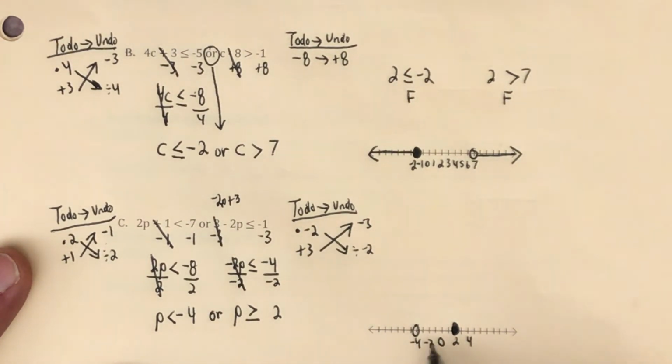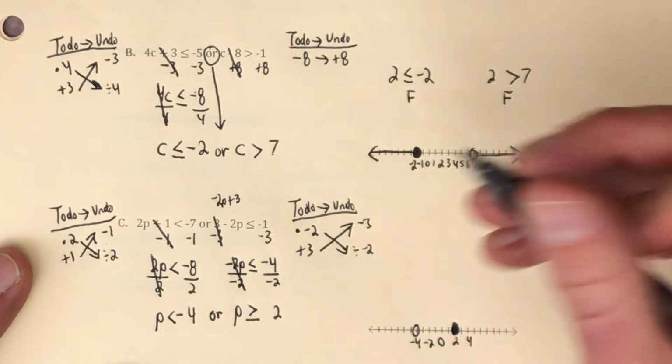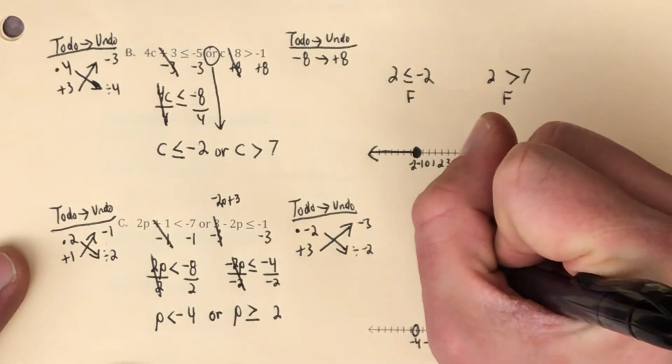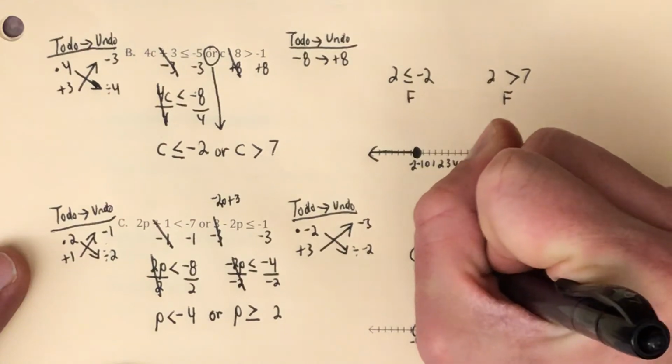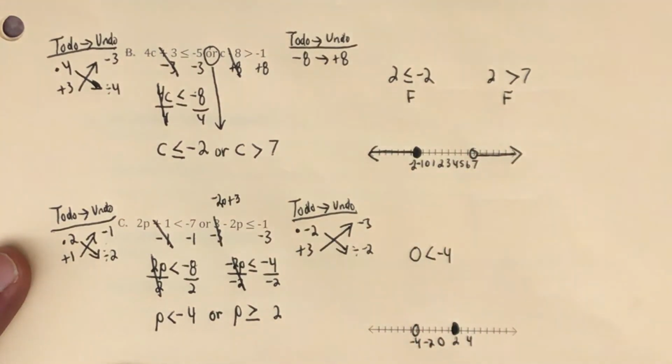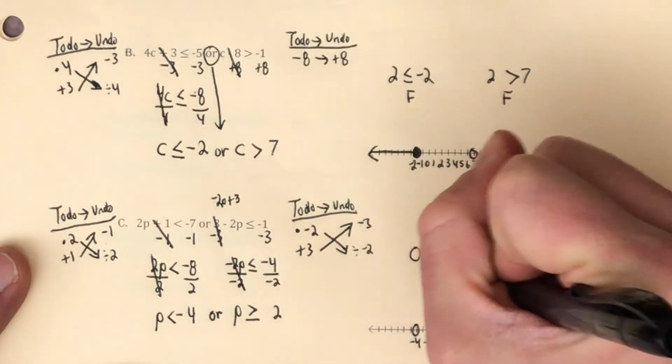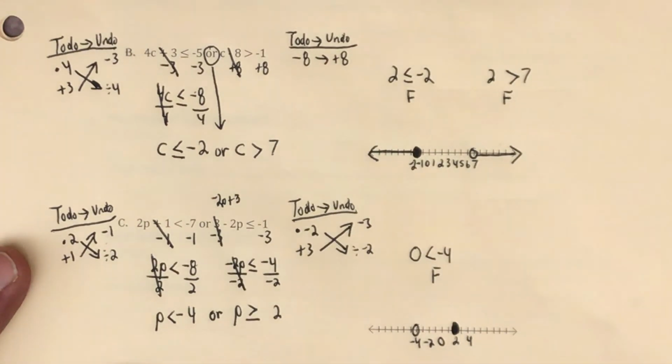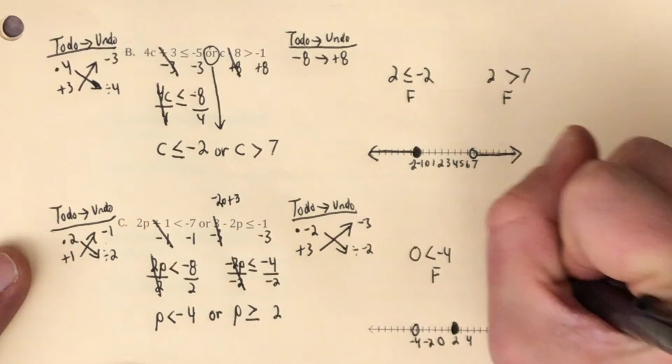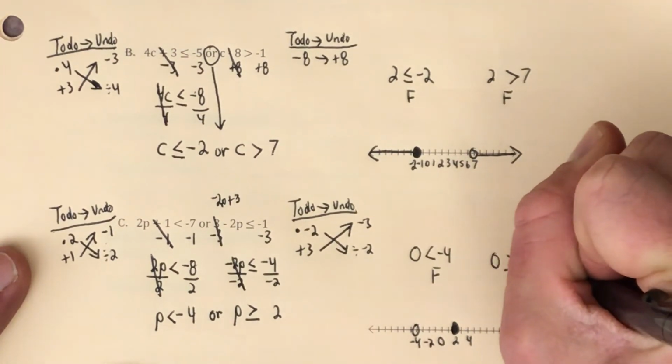Then I need to choose a number in between. So I choose the number 0, and I'm going to plug that in to see if it makes it true. So 0 in for p says 0 is less than -4. Well, is that true? No, that's not true. That's false, which should mean that it's false for the other one as well, but let's check. So 0 in for p, 0 is greater than or equal to 2.